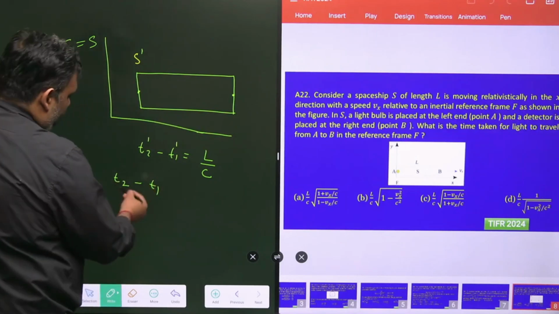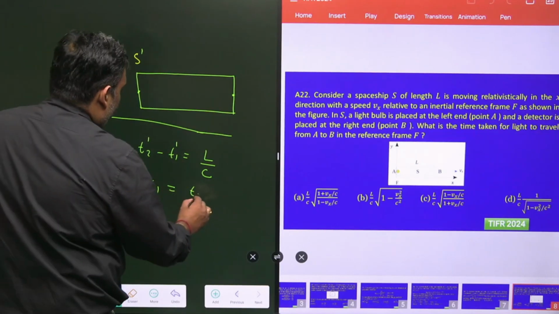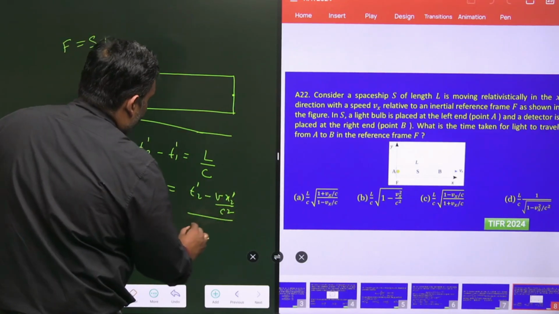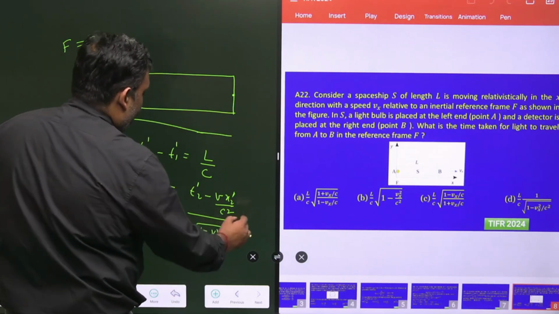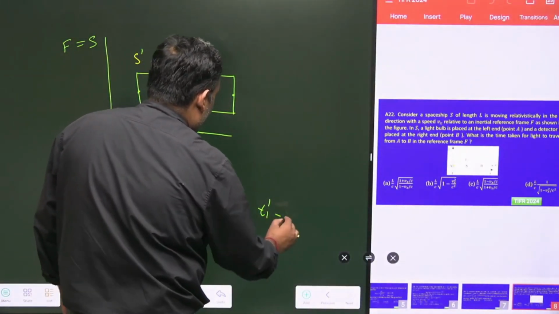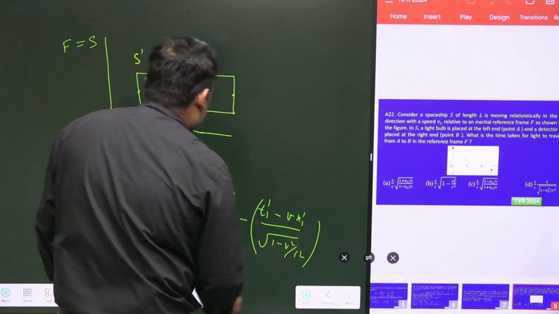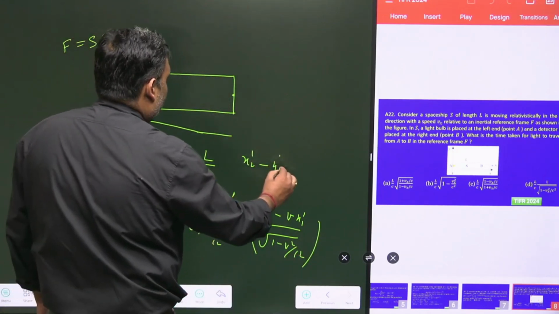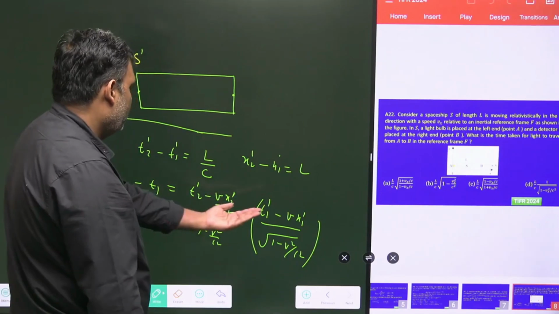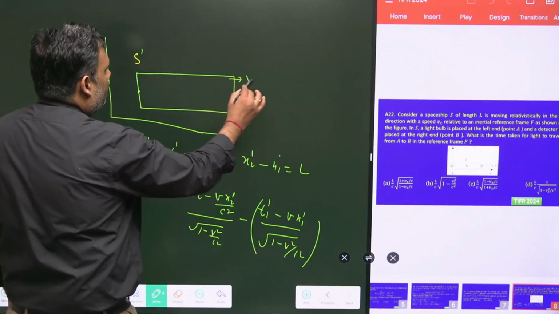Using the Lorentz transformation, T2 minus T1 is (T2 dash plus V x2 dash upon C square) upon root under 1 minus V square upon C square, minus the same expression for T1 dash and x1 dash. Also x2 dash minus x1 dash is equal to L. We take the time part and space part separately, and V is the speed of S dash, that is Vx.